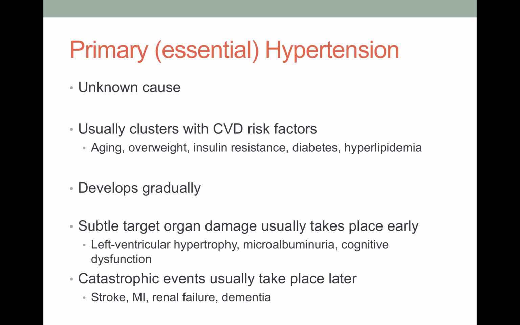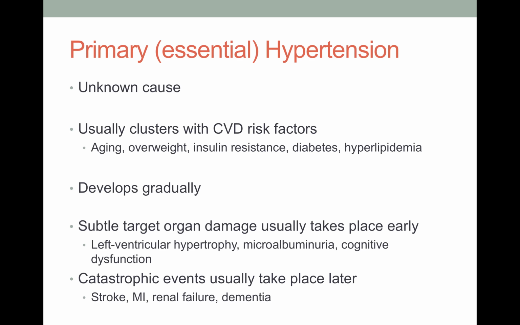Okay, so focusing right now on primary or idiopathic hypertension. So there's no known cause. It usually clusters with other types of risk factors for cardiovascular disease. So aging, not a surprise, being overweight, being insulin resistant, so really some early stages of diabetes, full-blown diabetes, and then hyperlipidemia, which is essentially increased concentrations of cholesterol and other types of fats like triglycerides circulating in the blood.